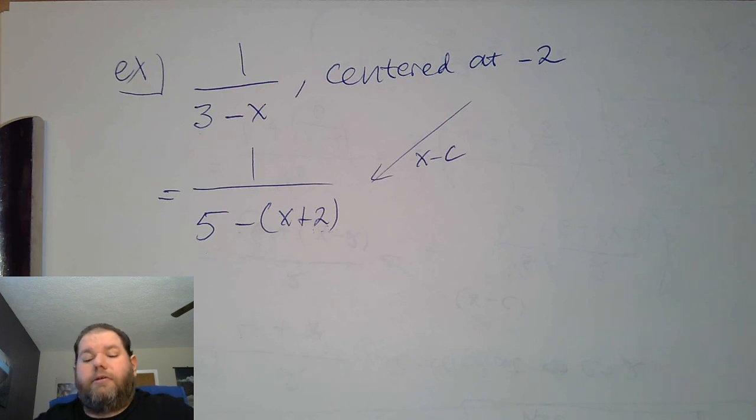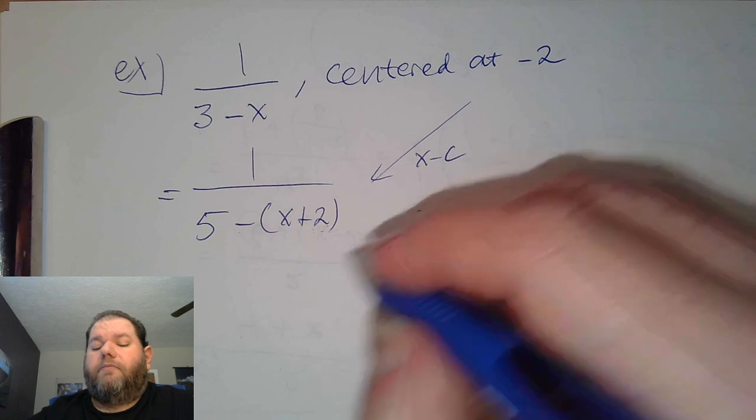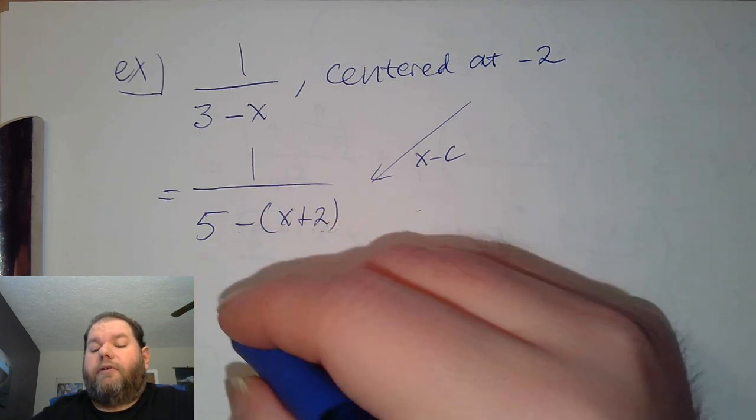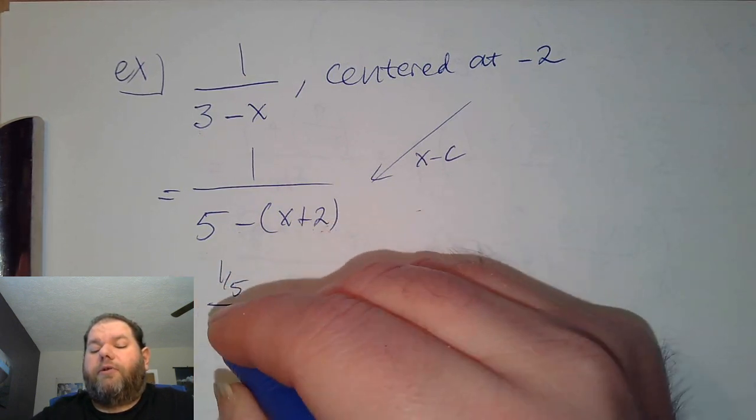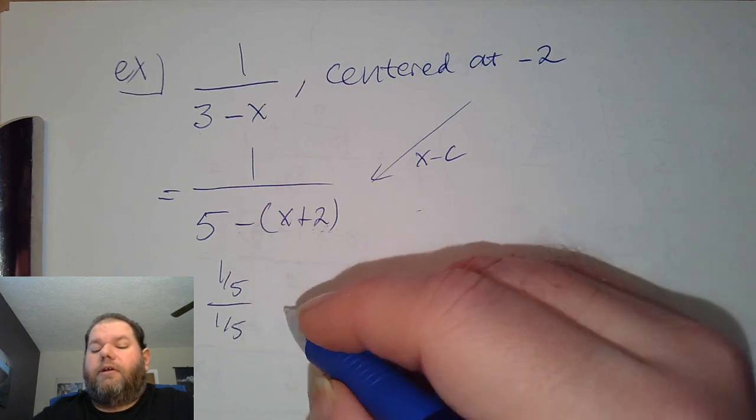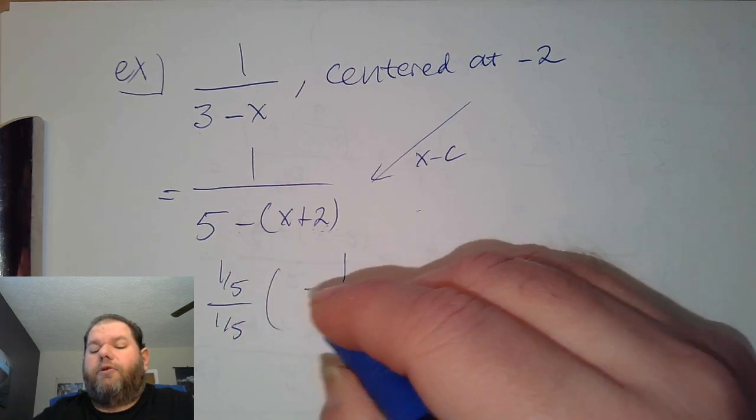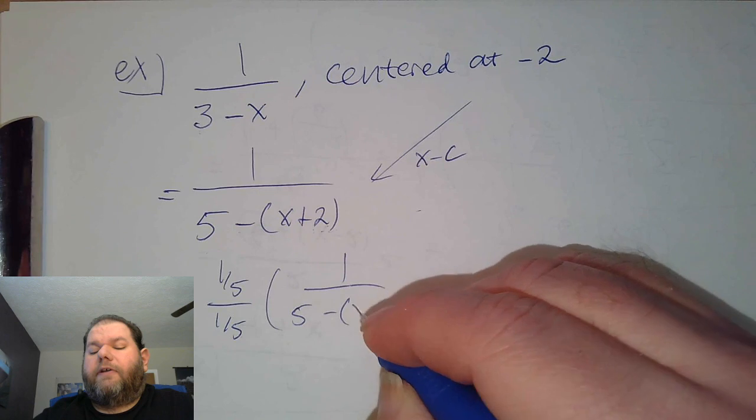Okay. Next thing is divide everything by 5, because we got the center where we need it to be, and now we just need a 1 minus that value next. So that'll be 1/5 over 1/5 times 1 over 5 minus x plus 2.